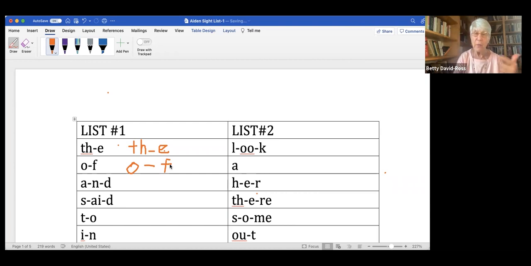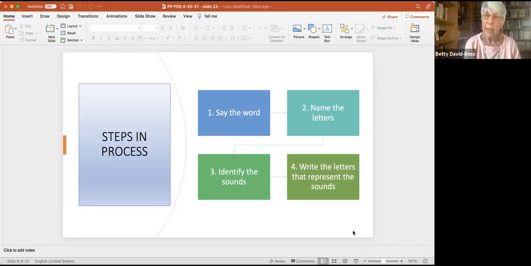And the next slide will show you the steps explicitly. Just list them. Here are the lists and the processes. As I promised, step one, say the word "the," name the letters T-H-E, identify the sounds. The first sound is "th," write the letters representing the TH, immediately the TH.